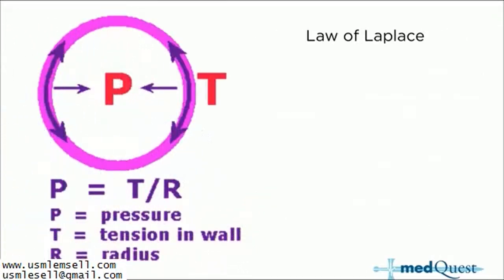Now this is showing you one of my favorite basic science Step 1 laws, and one of Dr. Fisher's favorite basic science Step 1 laws: the law of Laplace. The law of Laplace says that the wider things are, the greater the tension in the walls.